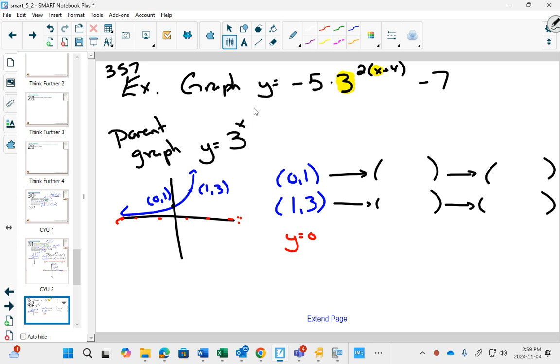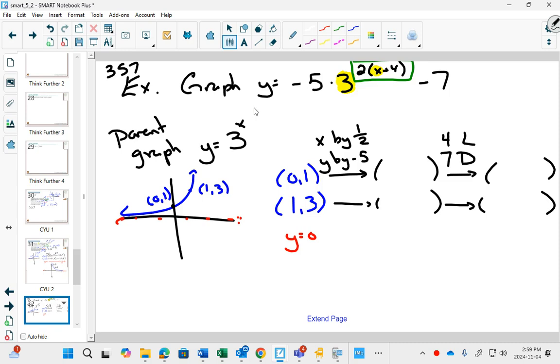Okay, the -5 is going to multiply y by -5. And anything that's in the exponent, this is your horizontal section right there. So that 2 is going to multiply x by a half. That plus 4 is going to go 4 to the left and 7 down.